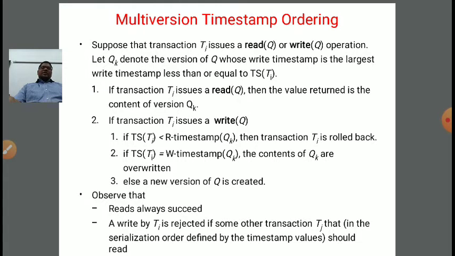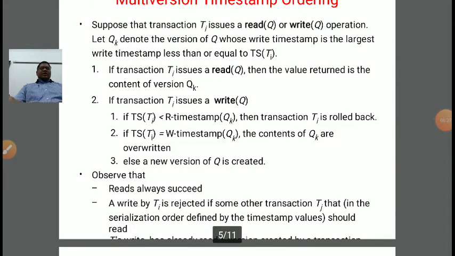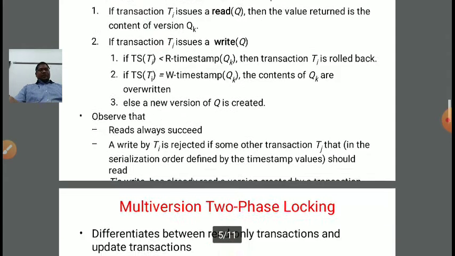Third, else a new version of data item Q is created. Now here we need to observe that reads always succeed. A write by transaction Ti is rejected if some other transaction Tj, that in the serialization order defined by the timestamp values should read it.